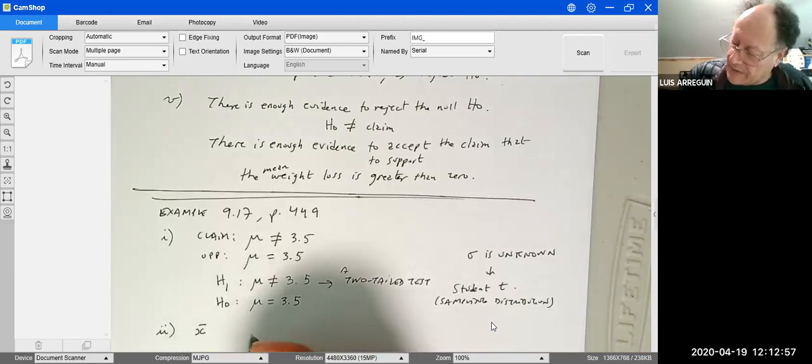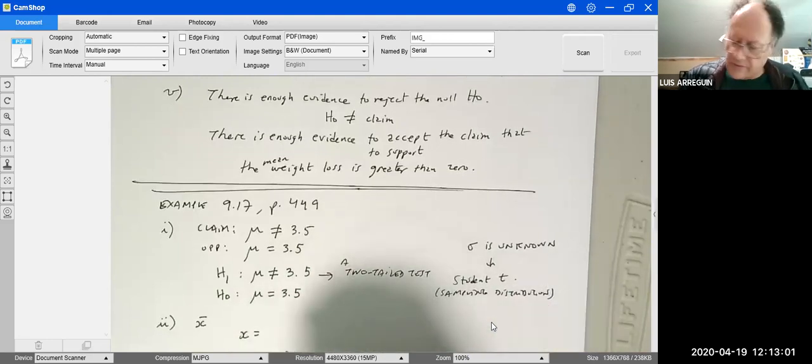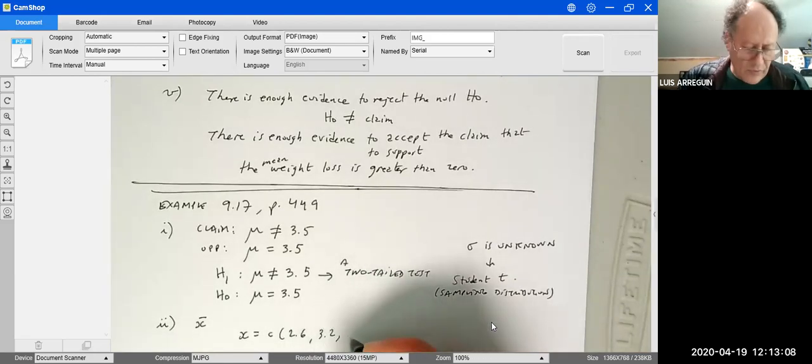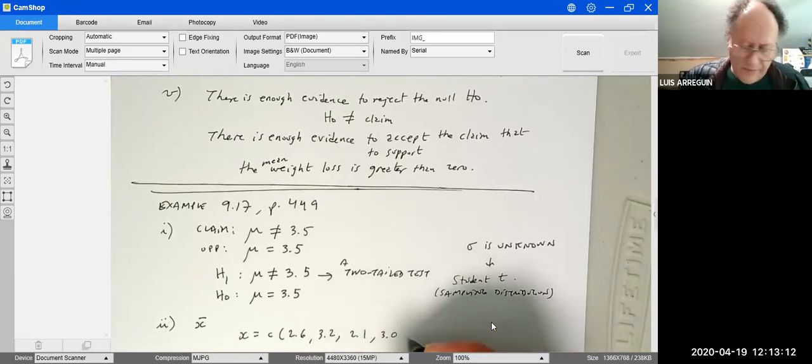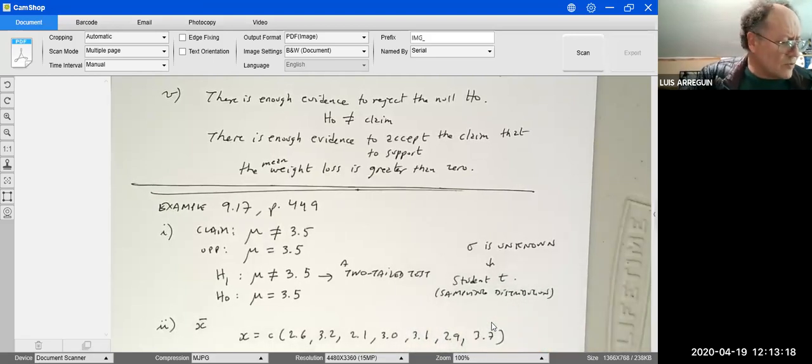So to find it, we need to enter the data set in R into our console. So we're going to enter the values 2.6, 3.2, 2.1, 3.0, 3.1, 2.9, and 3.7. So I'm going to do this in R, and then I'm going to compute the mean and the standard deviation, because this time it is not given, so you need to get it.